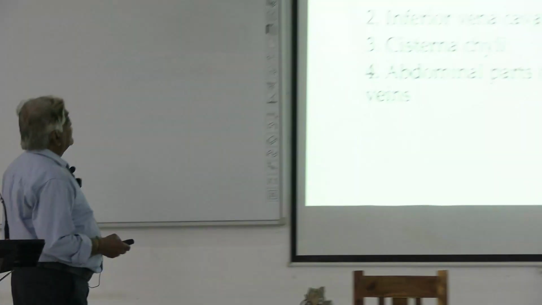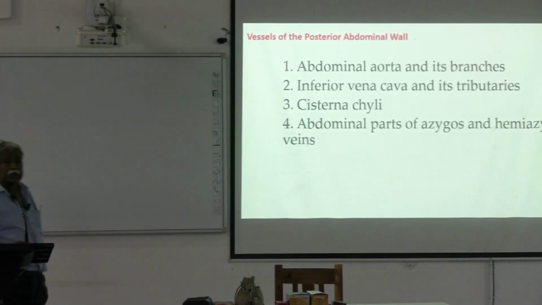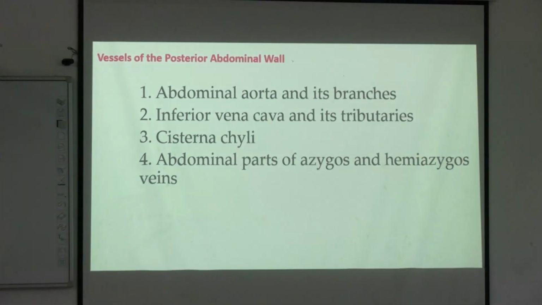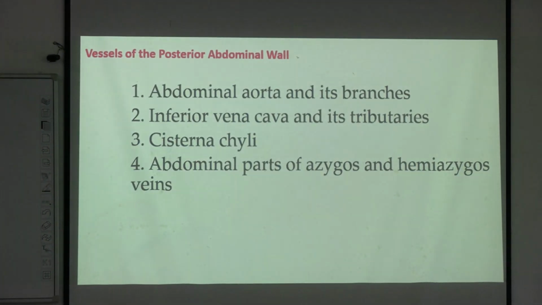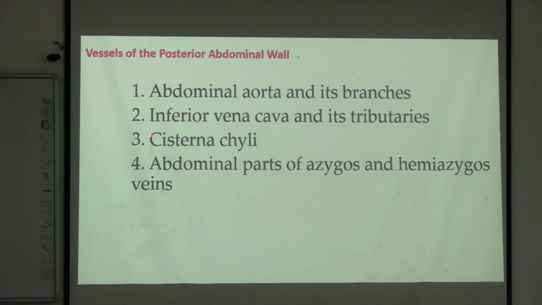Now, vessels of the posterior abdominal wall. These are the main vessels. And see, the abdominal aorta and its branches, inferior vena cava and its tributaries, cisternae chyli, abdominal part of azygos and hemiazygos veins.